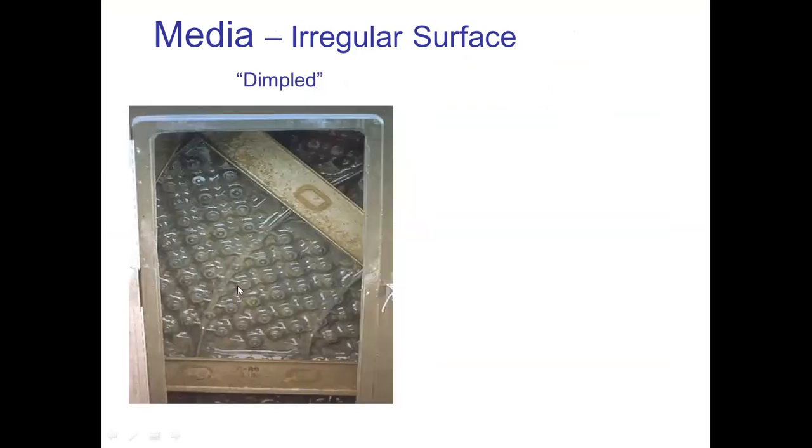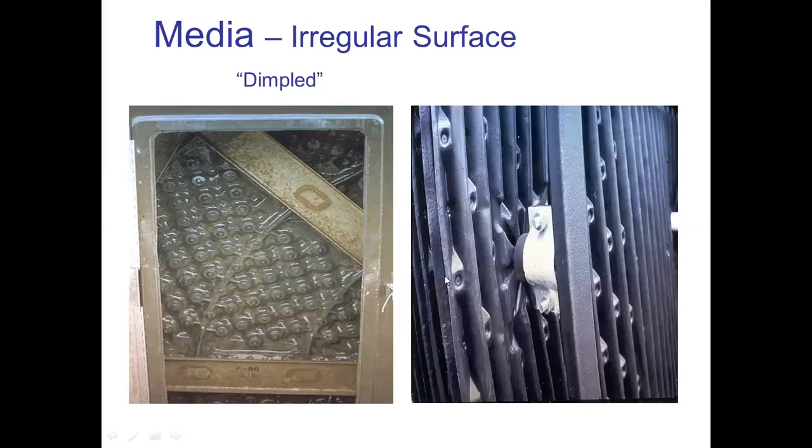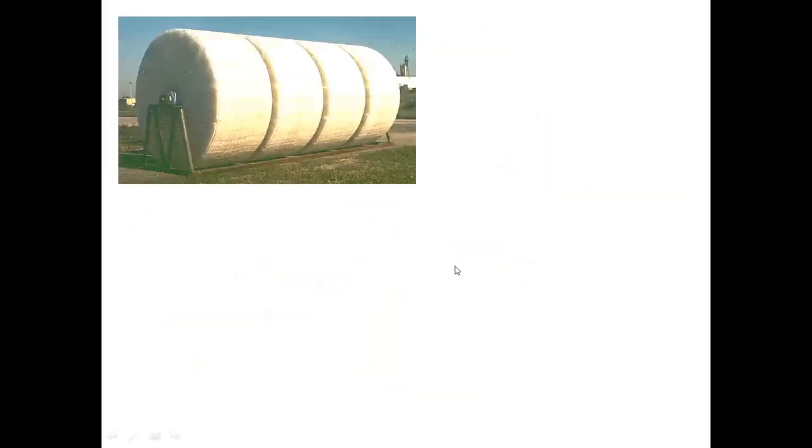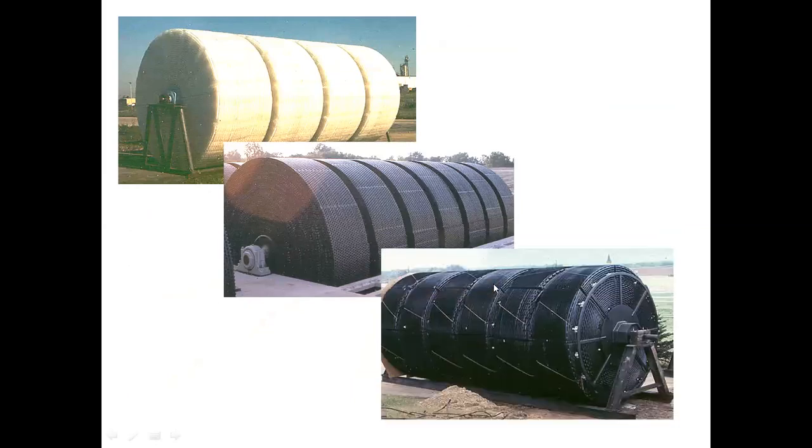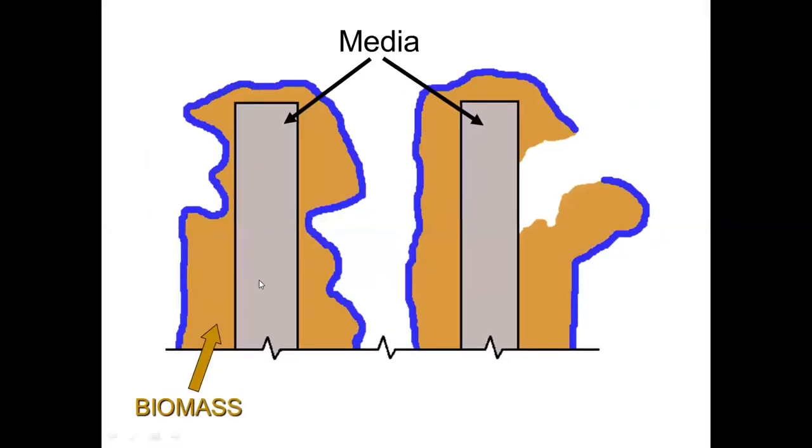This surface is called a dimpled surface. You can find, this is dimpled. Then these are some pictures of rotating biological contactors. Here it maintains some gaps for operational or maintenance purposes.